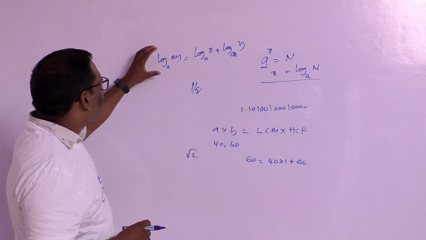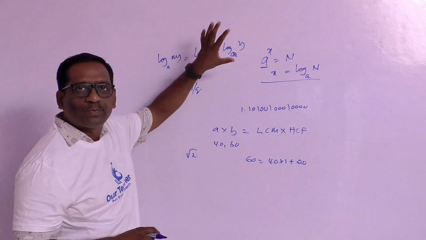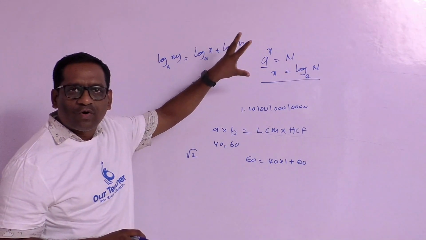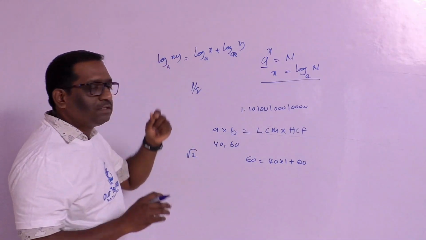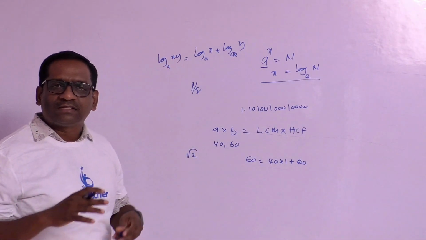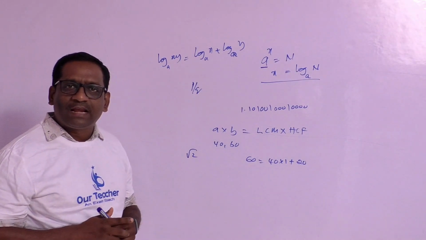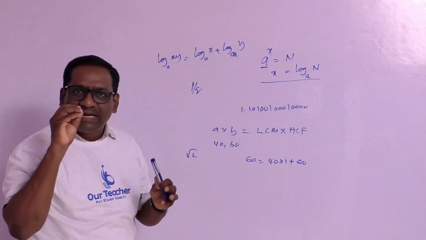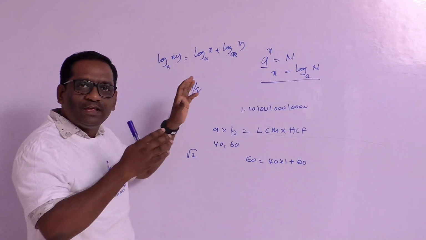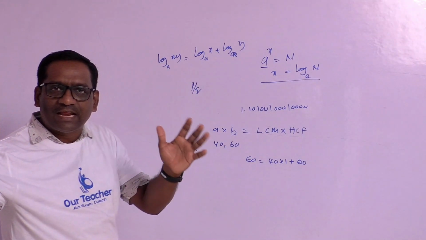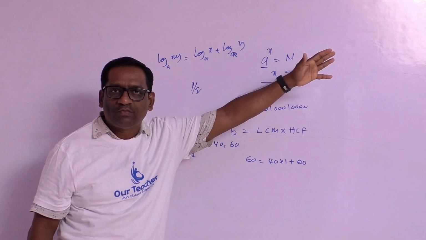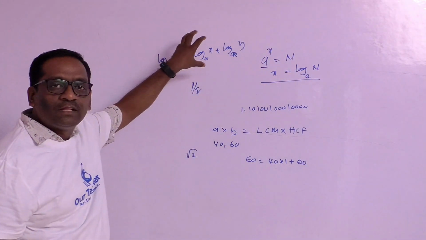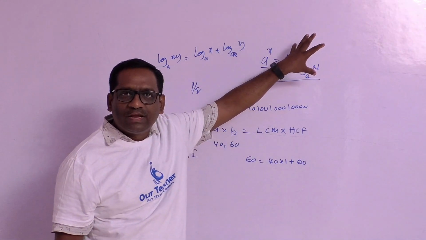In logarithms, log xy equals log x plus log y is the fundamental formula in this topic. Suppose a bigger number, say 1 lakh, is split into 10 factors, a, b, c, d, e, f, g, h and so on. You get log a plus log b plus log c plus log d, and so on. That many splits we get in this formula, according to how many elements there are.